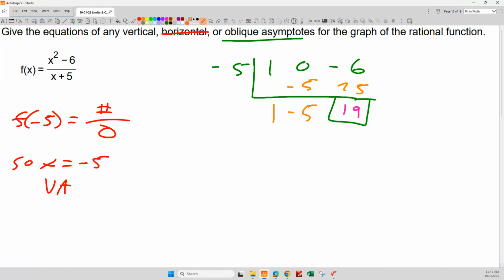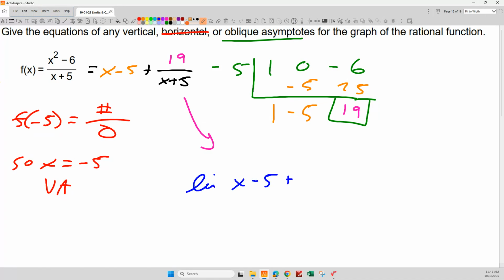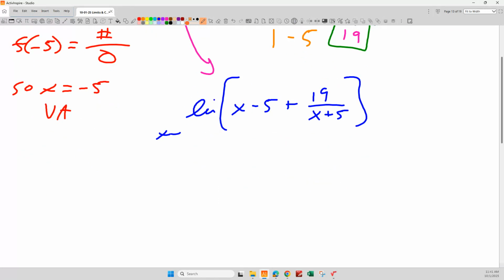So what's that mean then? How does this simplify? It becomes divided by. Okay, and then if I take the limit of that as x approaches infinity, so let's go down here. What happens to that last term?